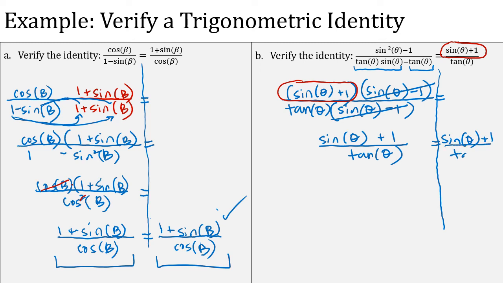So I'm going to write as my last line that final thing where the left equals the right. You might want to even get rid of your line down the middle and give yourself a big check mark and say, yes, this really is the identity and we have verified it.